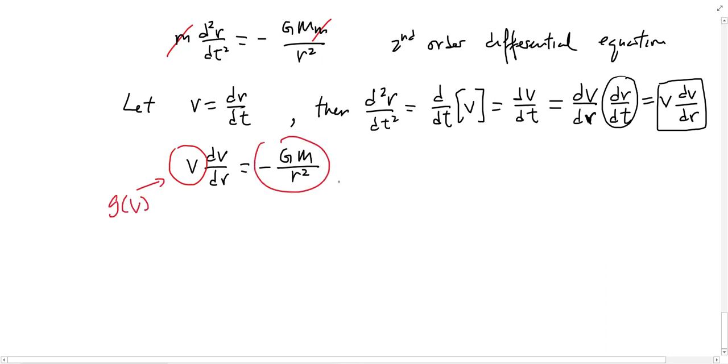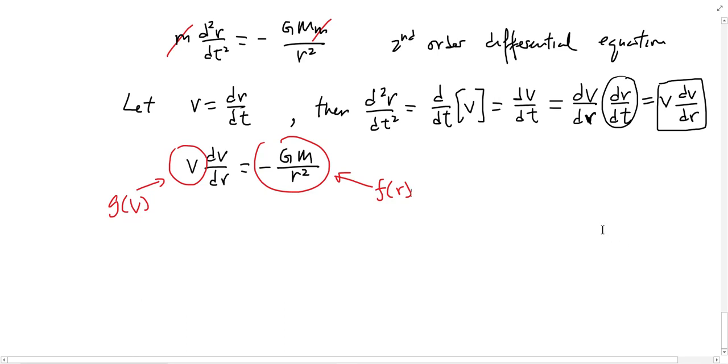And we have this right here, which is technically our f of r. Okay, yes, I didn't use g of y because in our case, y is the dependent variable, which is v. So v plays the role of y. And then r plays the role of x because r is the independent variable. And if you're thinking, how do I know that? Because of the derivative. v on top, that's the dependent variable. r on the bottom, that's the independent variable.